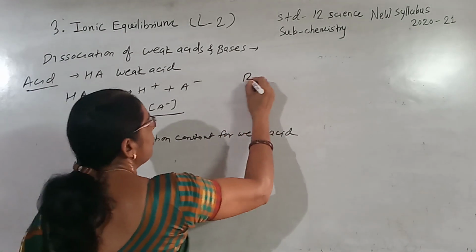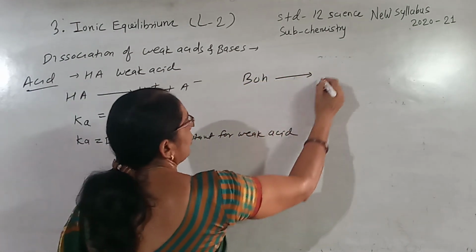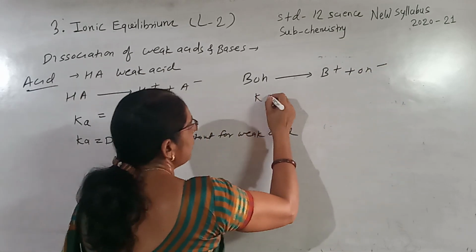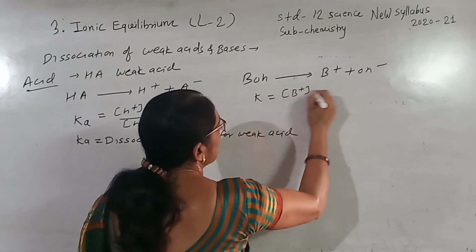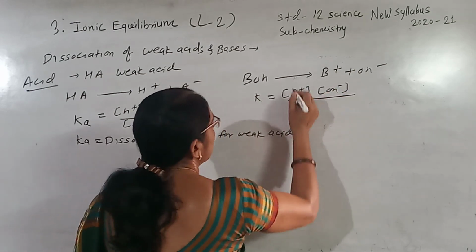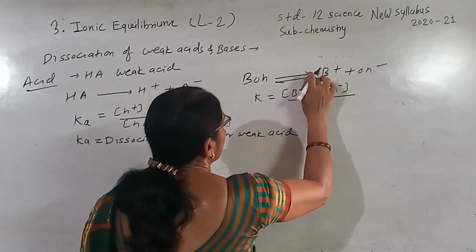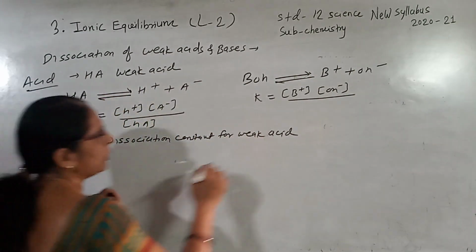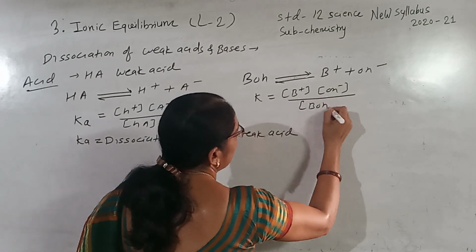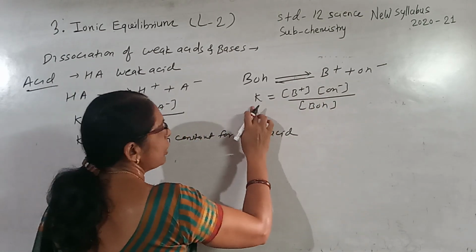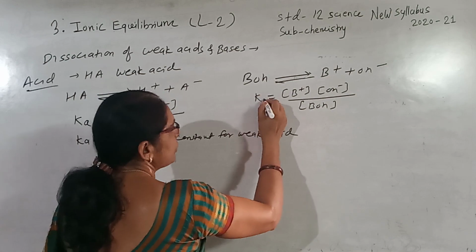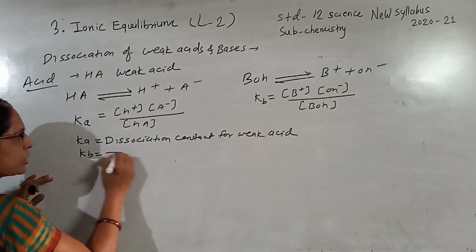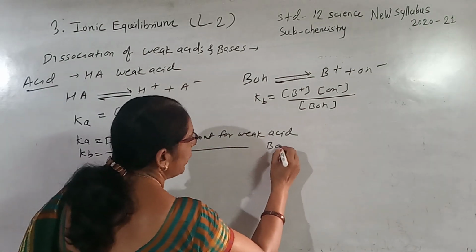Similarly, if you have the base BOH, it can dissociate as B+ and OH-. Applying the law of mass action, K = [B+][OH-]/[BOH], remembering that we consider partial dissociation here, as they are dissociated partly. This constant is for the weak base, so I call it Kb. Kb is the dissociation constant for a weak base.